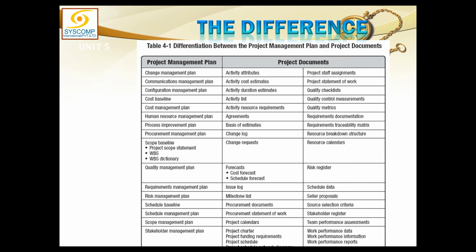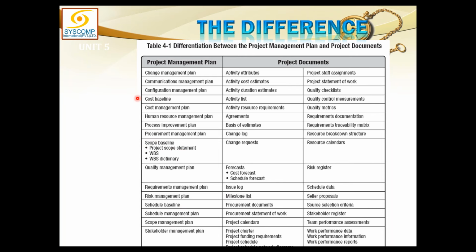This chart is table 4.1 from the PMBOK. This clearly shows the leftmost column, the ingredients of a project management plan. This is formally written in the PMBOK. You can see here, all are the management plans. One is the cost baseline. One is the scope baseline, which includes the scope statement, WBS and WBS dictionary.